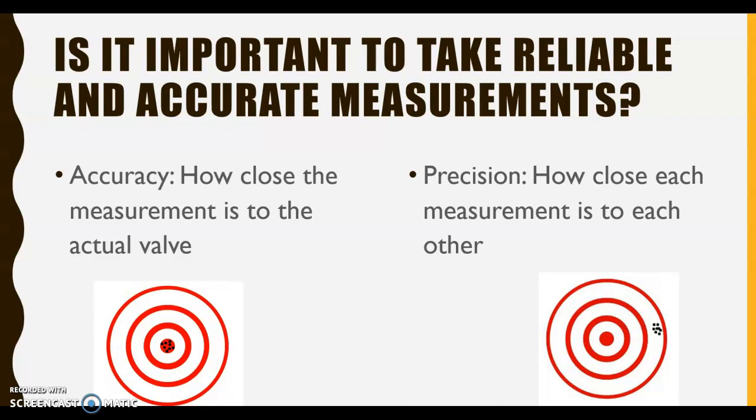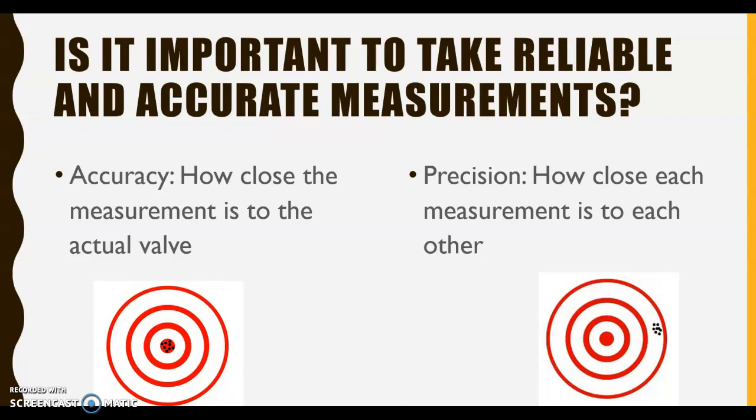It's important to understand the difference between accuracy and precision. Accuracy is how close you are to the actual value. Precision is how close you are to each other. So if I give a problem and everybody gets what they're supposed to get, which is what I have, everybody's accurate, everybody's precise.